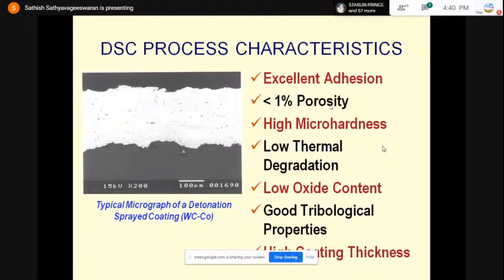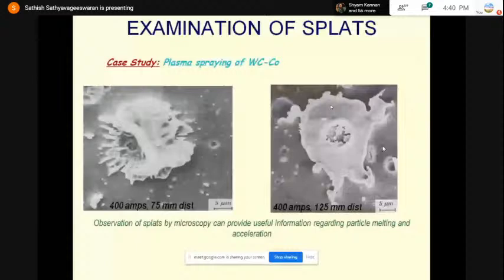I already told you that in the detonation gun spray process the velocity involved is very high, so the interaction with the environment will be minimized. As a result, you will definitely end up with less than 1% porosity. Definitely, you can expect very high microhardness. Microhardness is carried out across the cross section of the coating using a Vickers hardness testing machine.